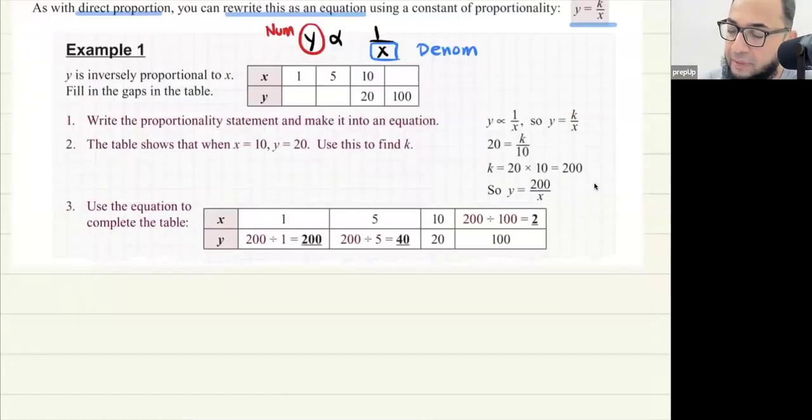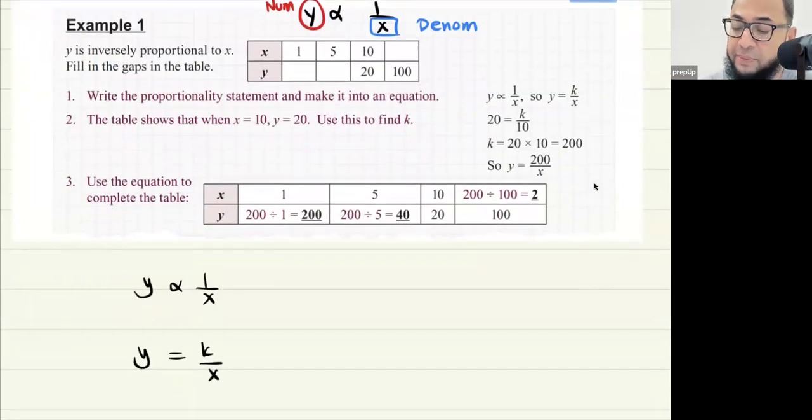Now, in this example, it says y is inversely proportional to x. So y is equal to k over x. Some people even ask, does it make a difference which side we put the k on? The answer is no. Your equation finally will come out the same. Someone can write ky is equal to 1 over x.